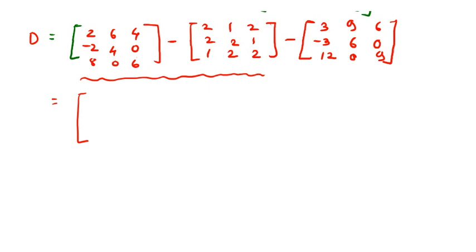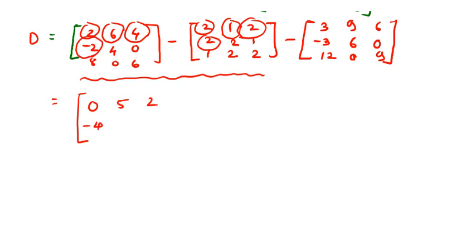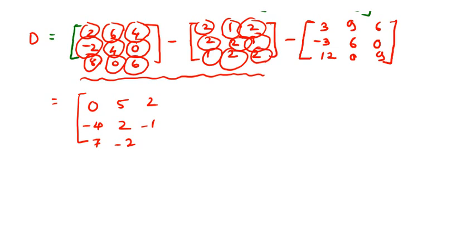So this will be 2 minus 2, which will be 0, then 6 minus 1 will be 5, then 4 minus 2 will be 2, then this minus 2 and this minus 2 will be minus 4, then 4 minus 2 will be 2, then 0 minus 1 will be minus 1, then 8 minus 1 will be 7, then 0 minus 2 will be minus 2, then 6 minus 2 will be 4.